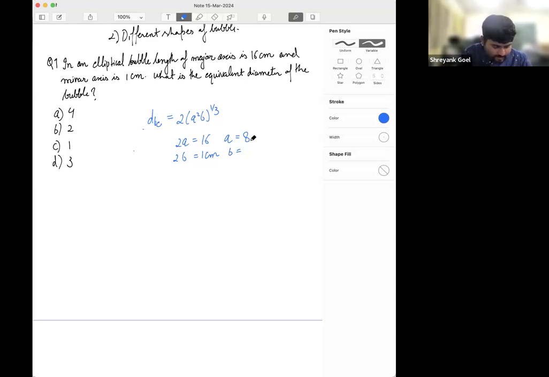So, one minute. I think it is the other way around. Yes, 2a is the major axis and 2b is the minor axis.